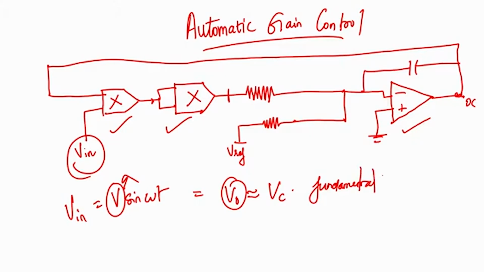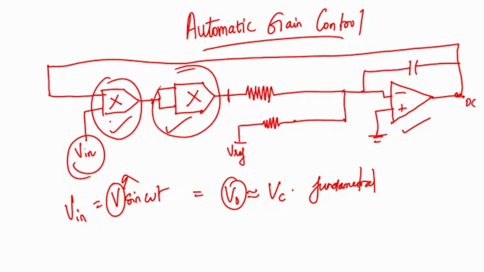What happens in these blocks is that there are 2 multipliers, and this multiplier has one input as a feedback from the output. The next multiplier does a multiplication operation.